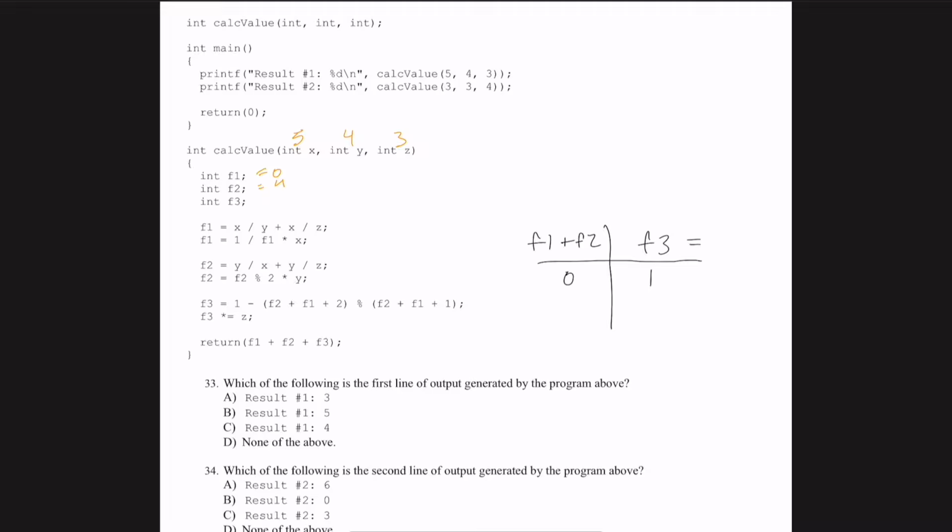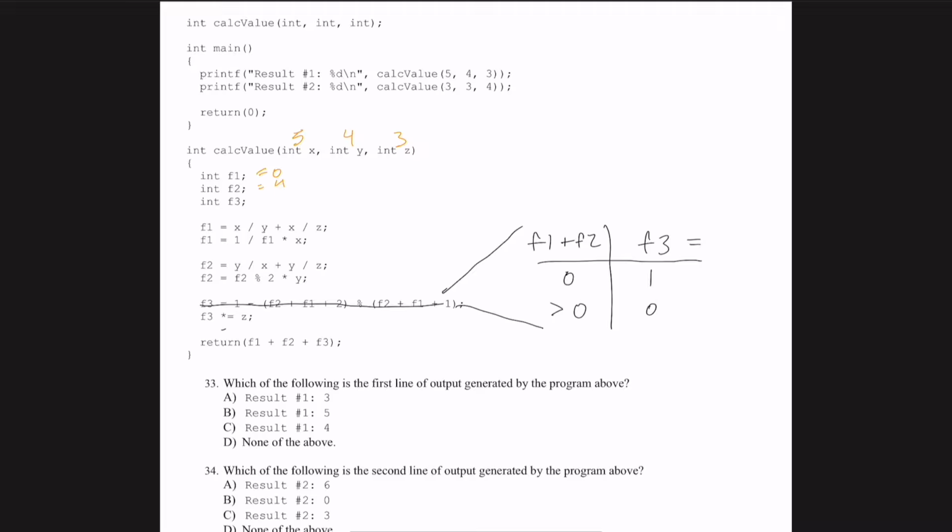If f1 plus f2 is greater than 0, then f3 equals 1 minus 1, or 0. So this line is going to be represented by this input-output table. In this case, f1 plus f2 is equal to 4. 4 is greater than 0, so f3 is equal to 0.